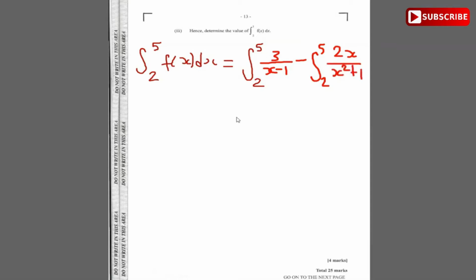Now integrating this, the integral of 3 over x minus 1: if you factor out the 3, you're going to get 3 times ln of x minus 1, and you're integrating that from 2 to 5.